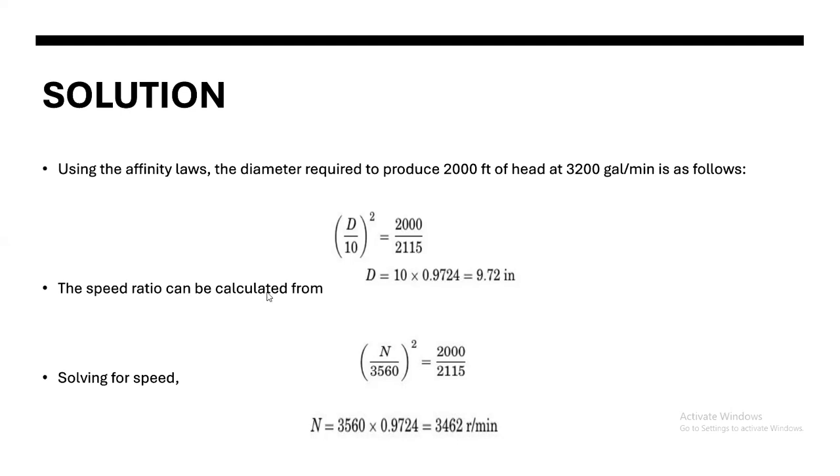Then the speed ratio can be calculated from N2 over N1, N1 is 3560, N2 is what we are looking for, and also H2 over H1, right? Solving for speed, we get that, which is 3,562 revolutions per minute.